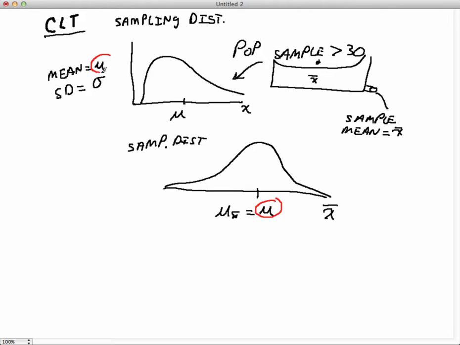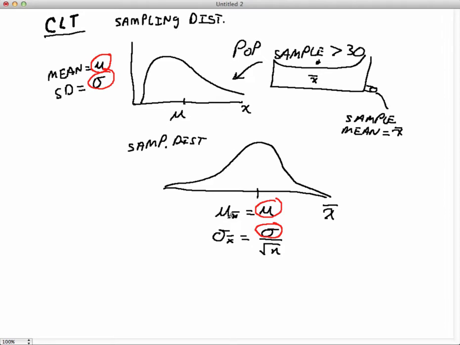So the mean that came from the population is the same as the mean of the x bars. The standard deviation of the x bars, we'll call that sigma sub x bar. That's going to be equal to sigma divided by the square root of n, where this sigma right here is the same as this sigma right here. Those are the population parameters.